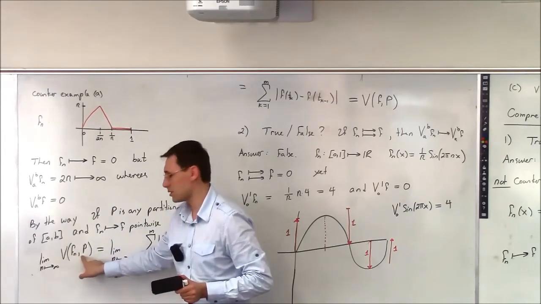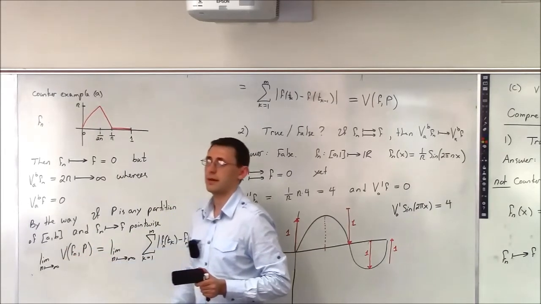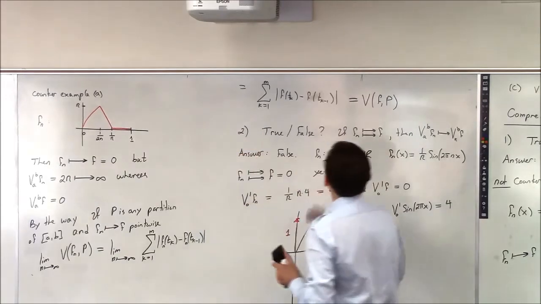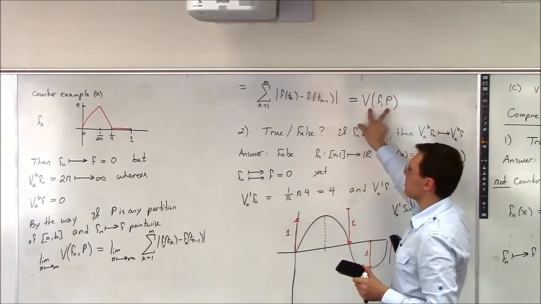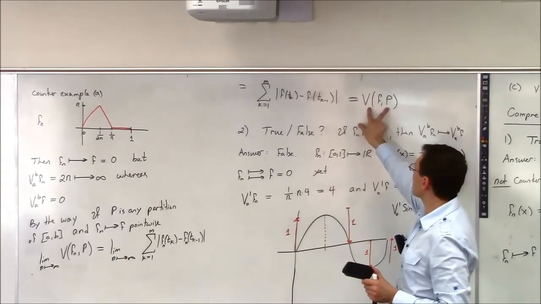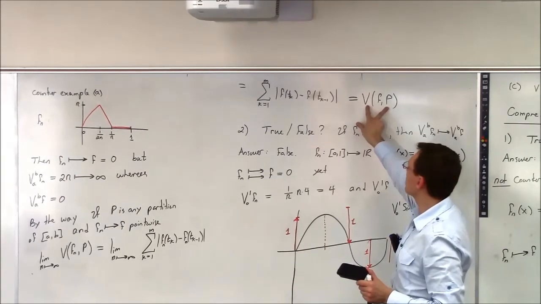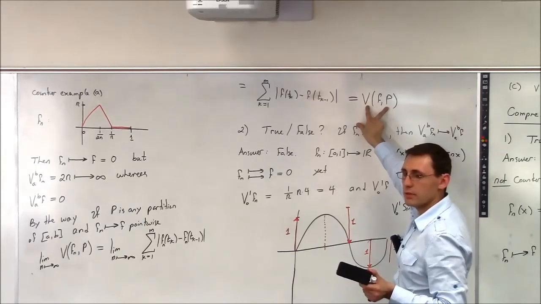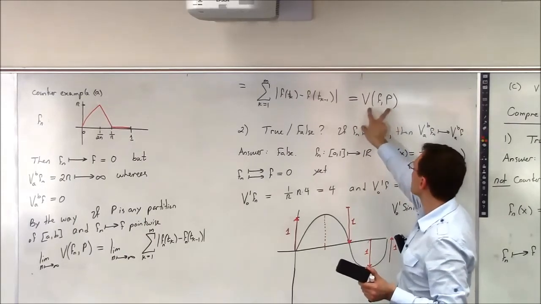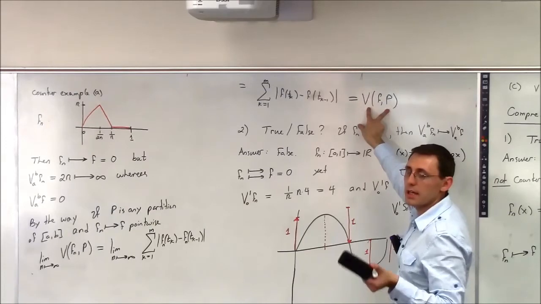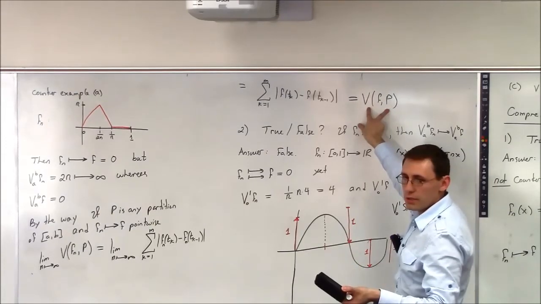You need a different partition. That's really one thing that happens. So let's say you pick a partition P that is a good approximation for F, a good approximation for the variation of F. So pick a partition for which this is almost the same as the total variation. Make sense?